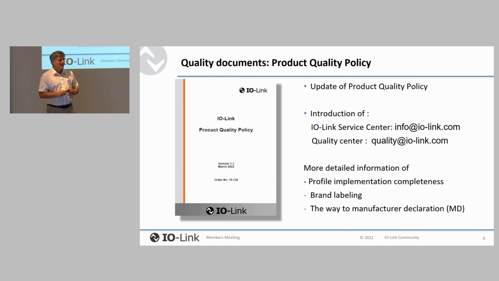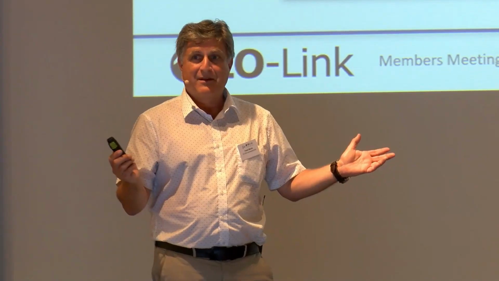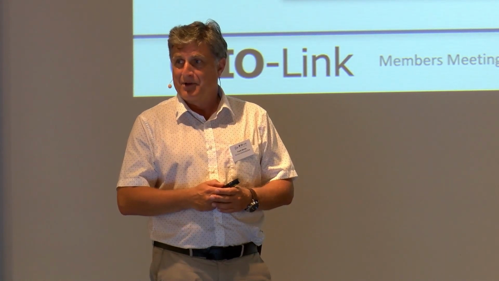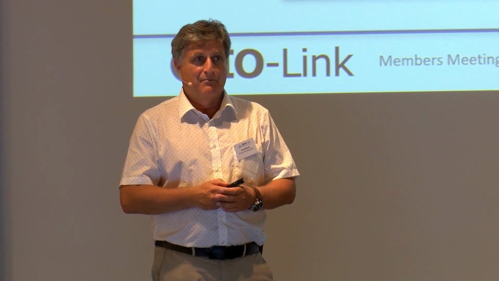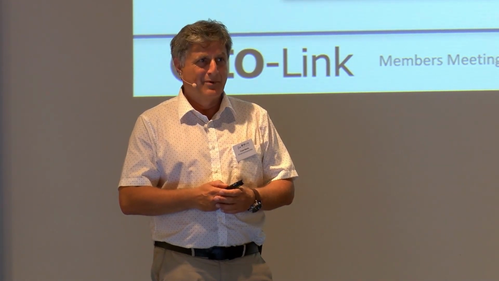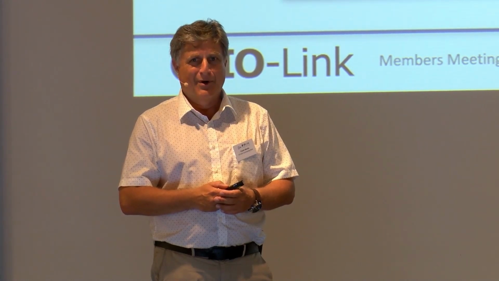We saw this in the past, that only parts of profiles were implemented. And last but not least, a more detailed explanation on the way to the manufacturer declaration. So that was the update from my side about technology, an update on the papers, and on some new papers regarding quality.